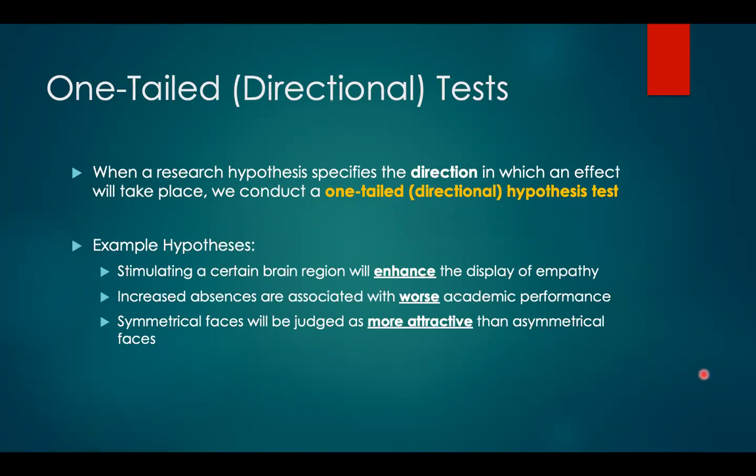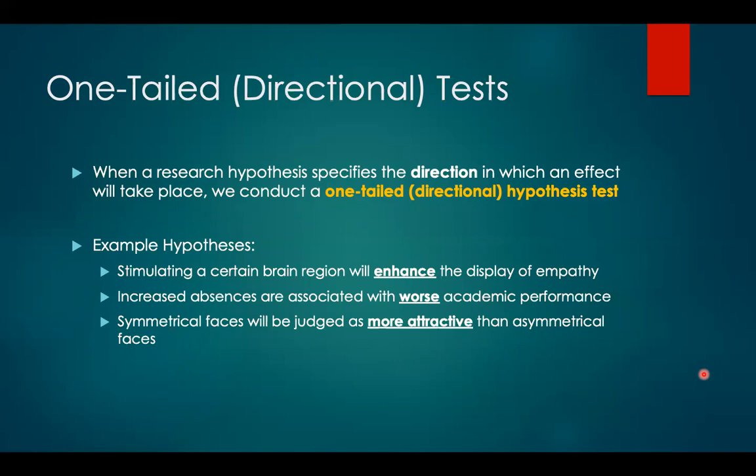So some example hypotheses of these one-tailed directional hypotheses are below here. So one, stimulating a certain brain region will enhance the display of empathy. So enhance in this case means to increase the display of empathy. Number 2, increased absences are associated with worse academic performance.